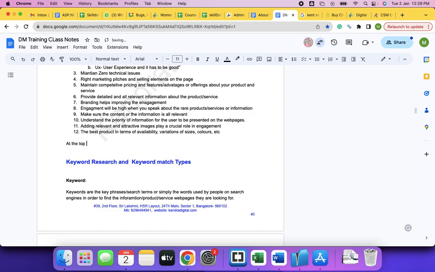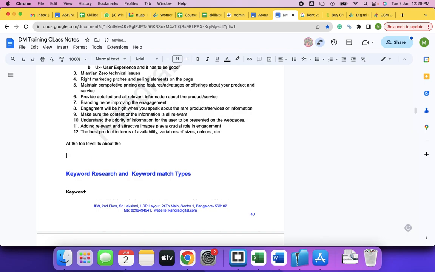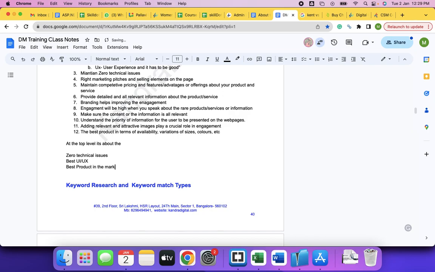At the top level, it's about zero technical issues, best UI or UX, and best product in the market. These three things, if you take care of them, you will have the best engagement.